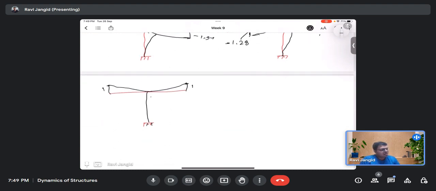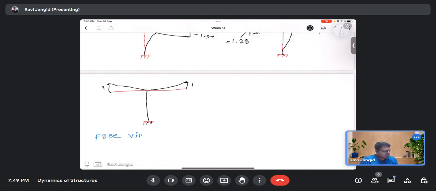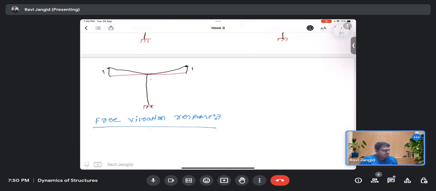Now to find out the free vibration response, you have been given the initial condition u equal to 1, 0, 0. Okay, that is the condition you have been given, and the initial velocity is not given, so that would be 0, 0, 0.